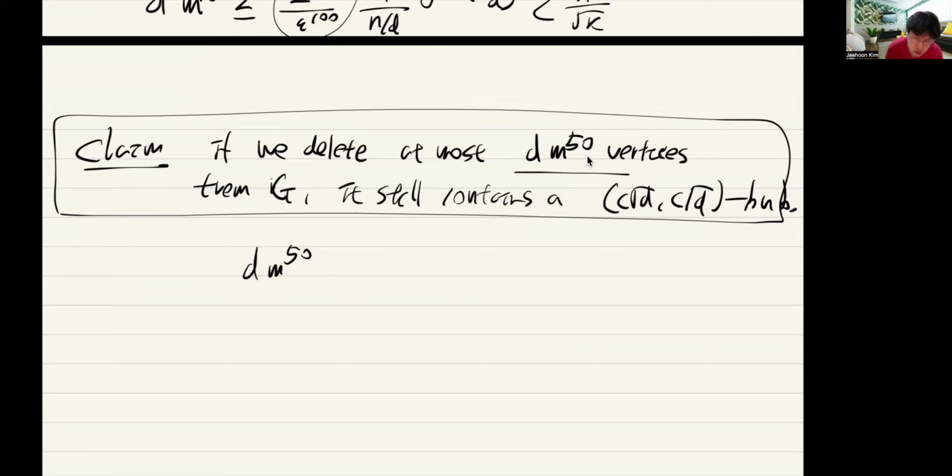And then each vertex has at most D times M to the 10. So we assume that every vertex has degree at most D times M to the 10.